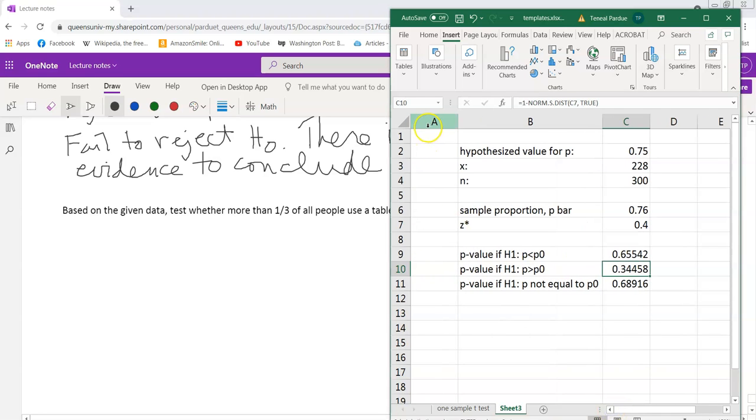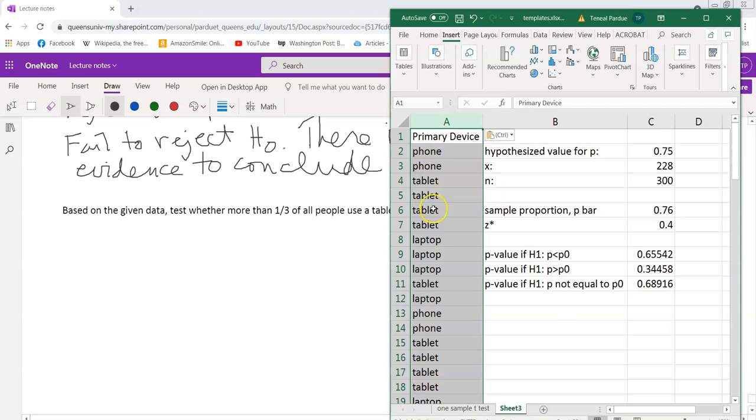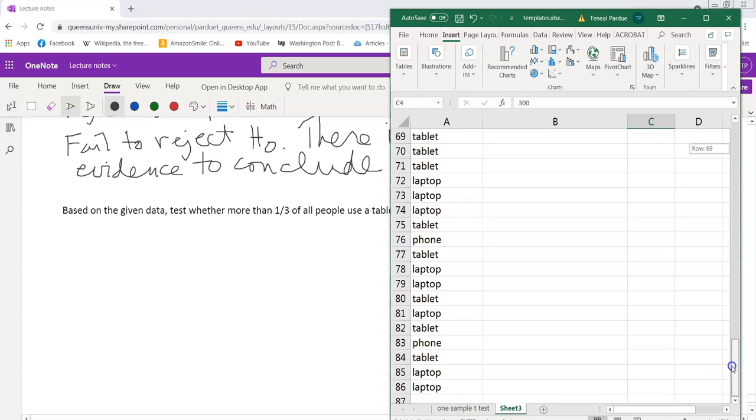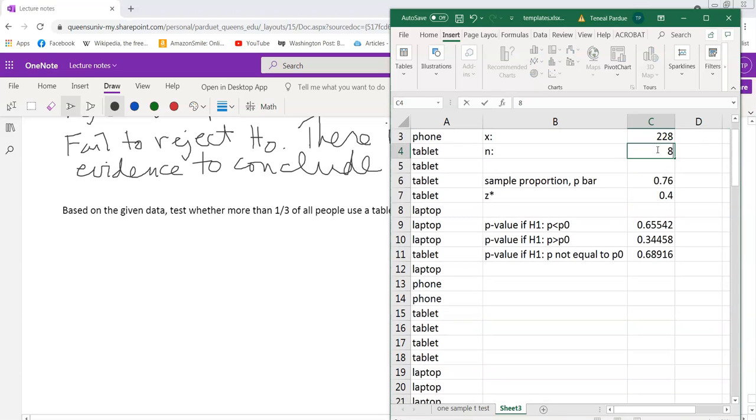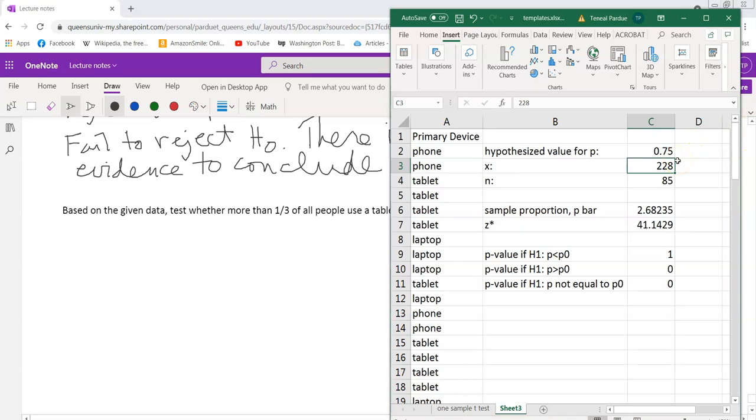So we put our data over here, just pasting. And here it's easy to just count. We've got 86 rows of data, but the first one was a title, so 85 is our N. For our X, let's use the COUNTIF function. And if you forget how to use that, you can just type in COUNTIF and then click the FX.